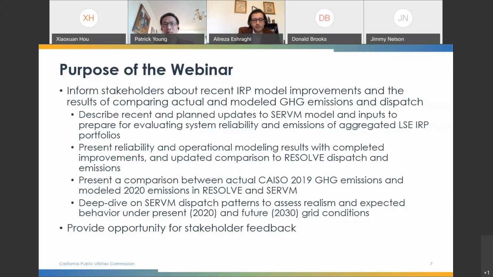Reliability and operational modeling results with completed improvements and updated comparison to Resolve, dispatch, and emissions. Comparison between actual CAISO 2019 GHG emissions and model 2020 emissions in Resolve and SERVM. And finally, a deep dive on SERVM dispatch patterns to assess realism and expected behavior under present and future grid conditions. Next slide.